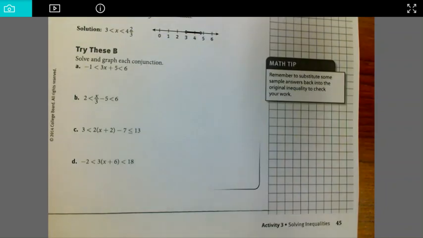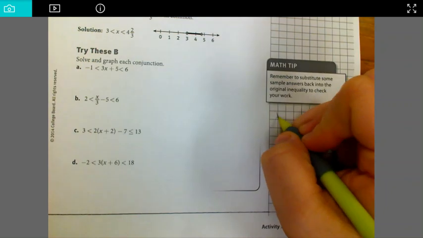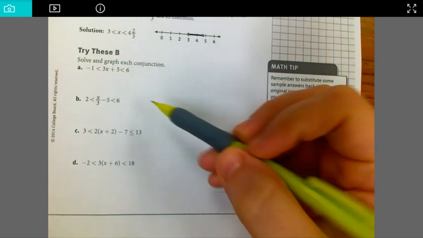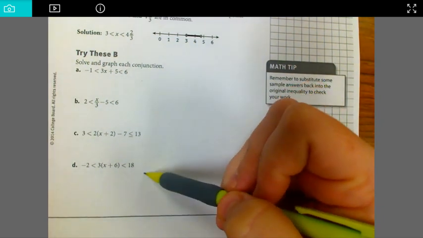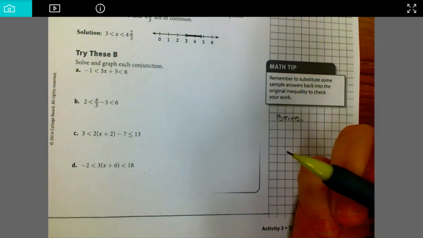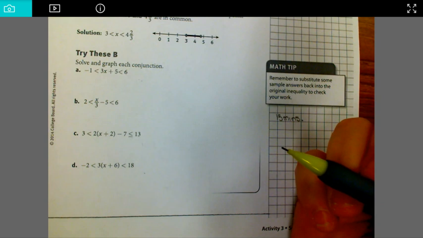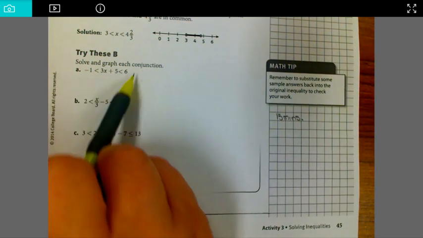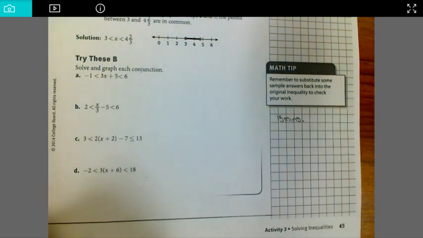What's going to happen here is I am now going to give you about 15 minutes on your own to work through, try these A, B, C, and D. On the next slide, you're going to have a matching, and you want to match this inequality that was given to you to the graph of the solutions.